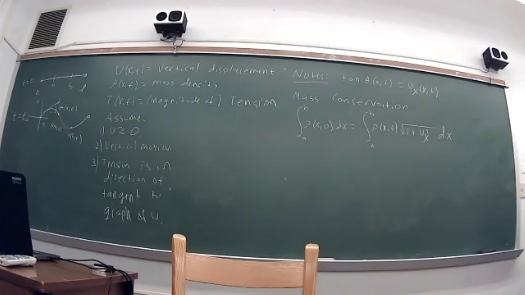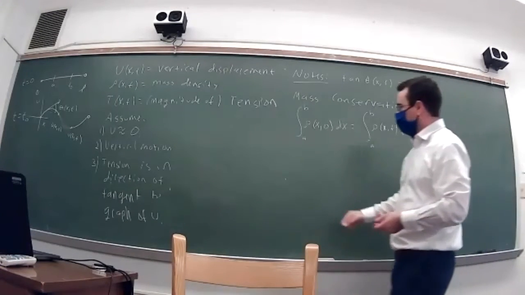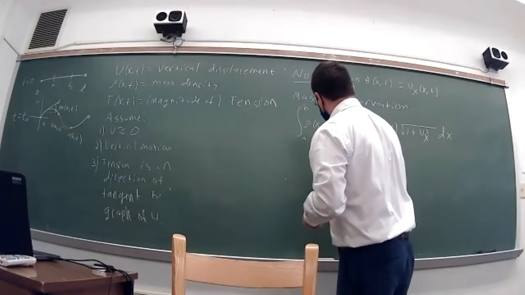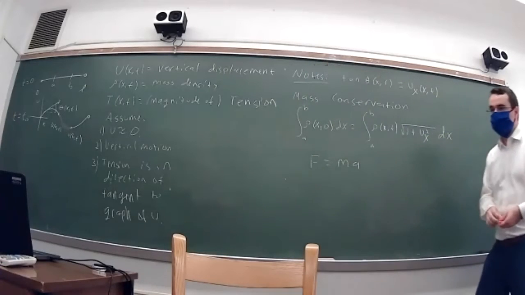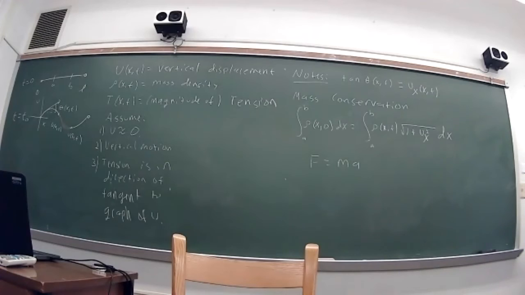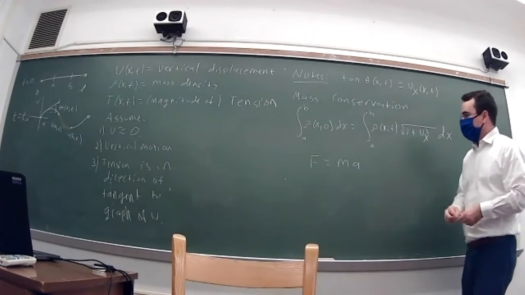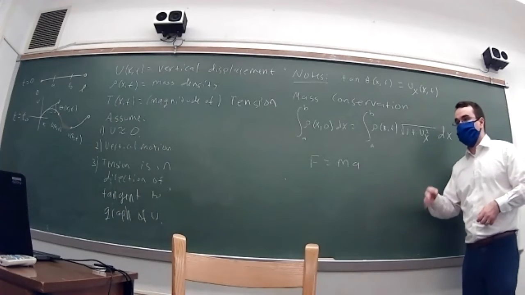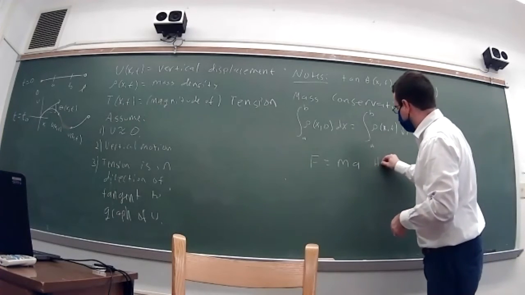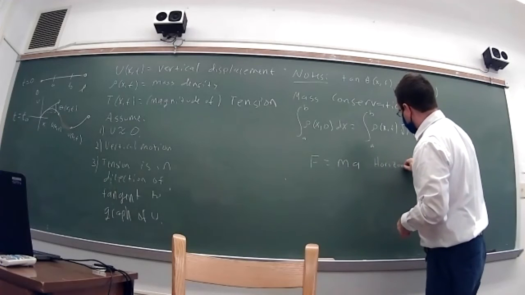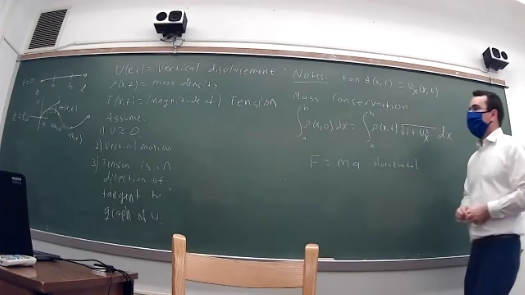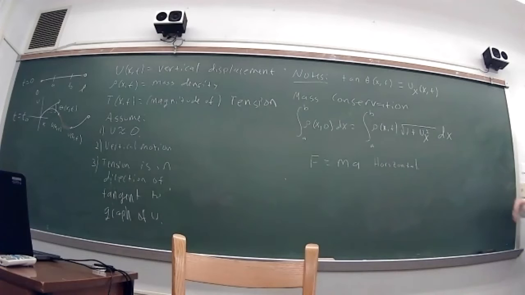And so the next principle is force equals mass times acceleration, but appropriately interpreted. Right? And so I want to break this up into horizontal and vertical components. And here I'll actually use the assumption that there's no horizontal motion.